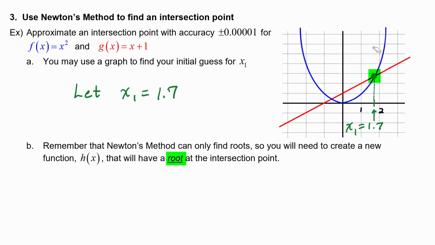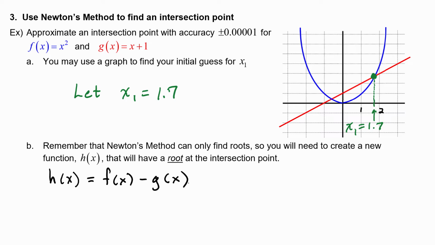So remember that h of x returns the y value of the new function, and we want the new function to equal 0 at the place that these two functions over here intersect. So what we can do is make a new function, h of x, and set it equal to f of x minus g of x.